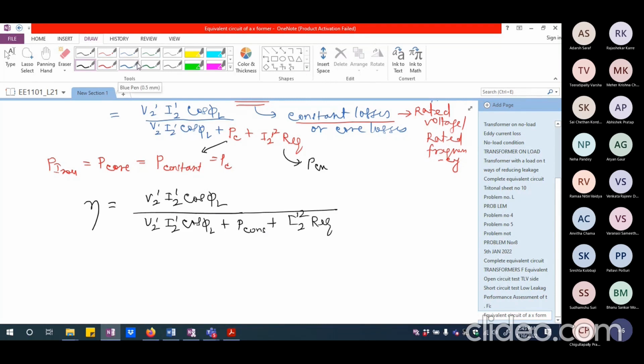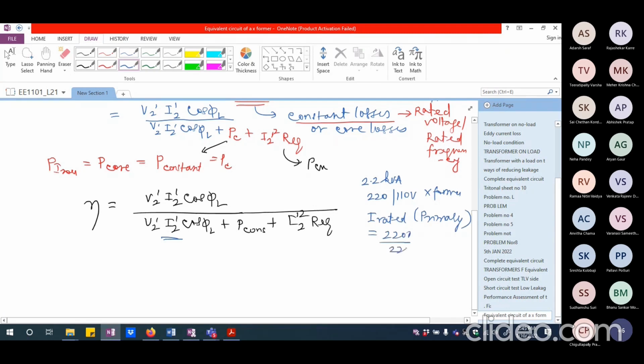Now at what point is the efficiency going to be maximum? I want to know under what value of I2 dash, because I2 dash can change anywhere between 0 ampere and rated ampere. For example, say a 2.2 kVA, 220 by 110 volts transformer. Then the rated current on the primary side is going to be 10 ampere, because 2200 divided by 220 is 10 ampere.